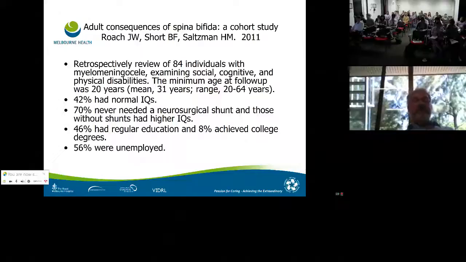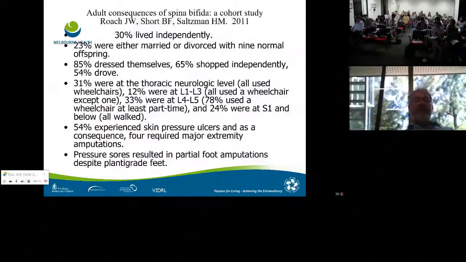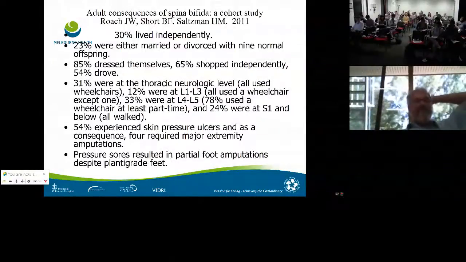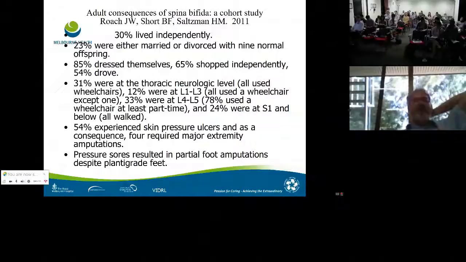In terms of living independently, 30% did that, 23% were married or divorced, and 9 had normal offspring, meaning that if you have a child, then it is by no means certain that you'll have a child with spina bifida.